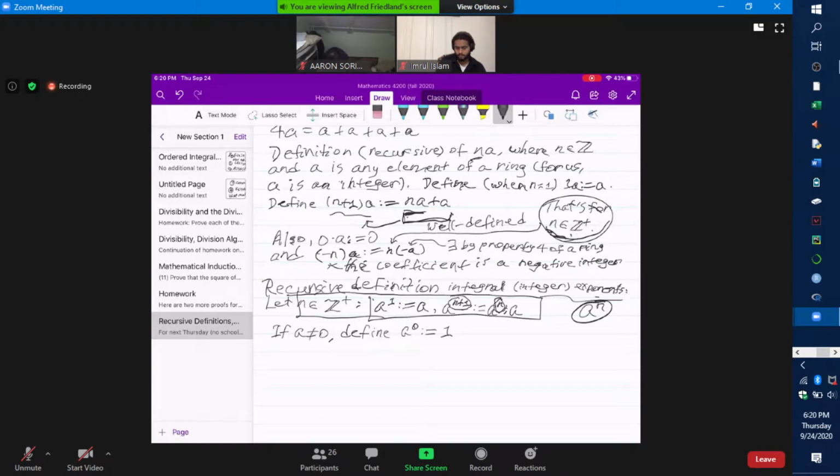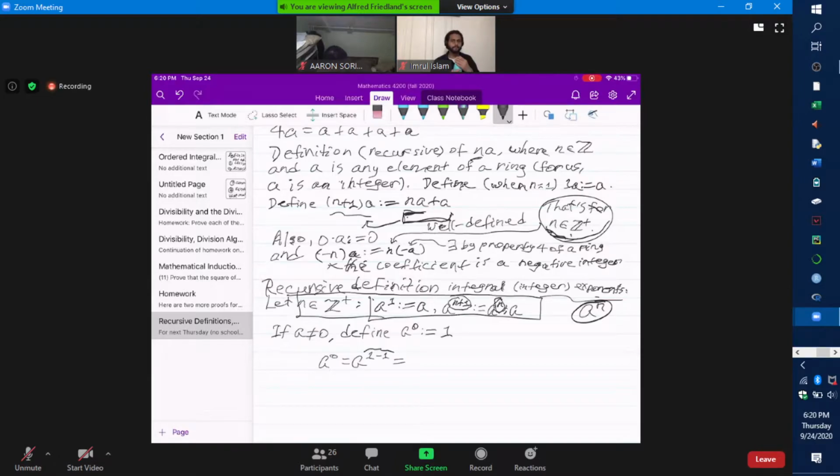Where that comes from is, and this is not part of the proof, let me just show you this if you're interested. A to the 0th can be written as a to the power 1 minus 1.